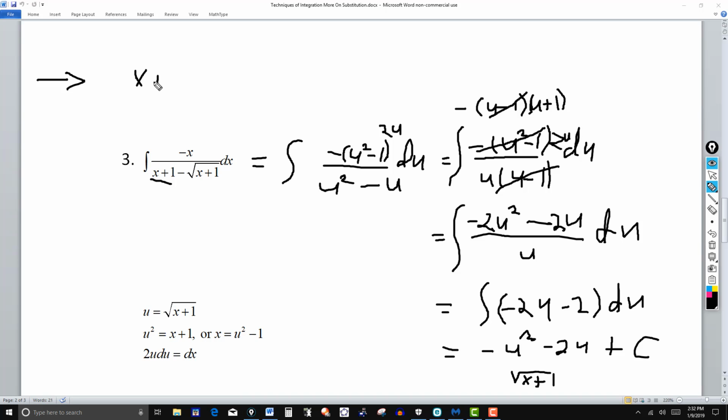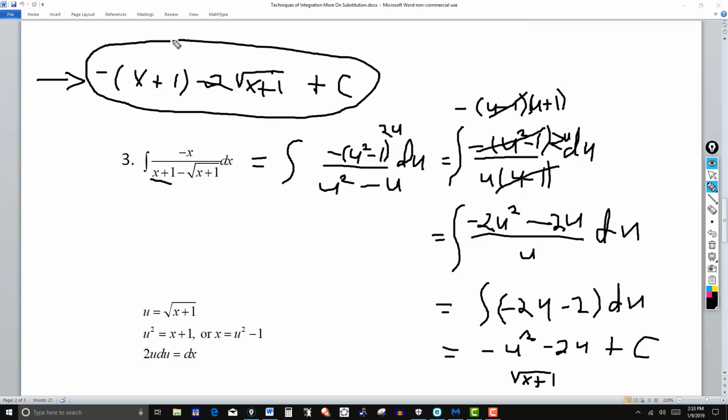Minus 2, and u is the square root of x plus 1. And that's plus a constant. So this basically is your answer right here. You could multiply by the negative, minus x minus 1, minus 2 here, square root of x plus 1 plus your constant.